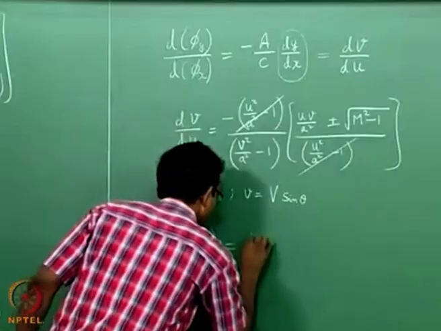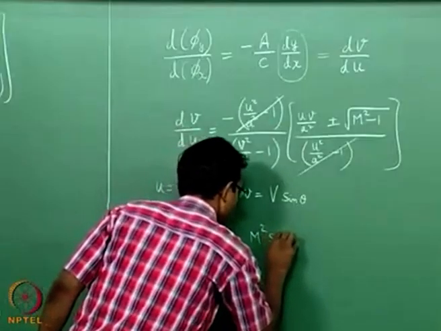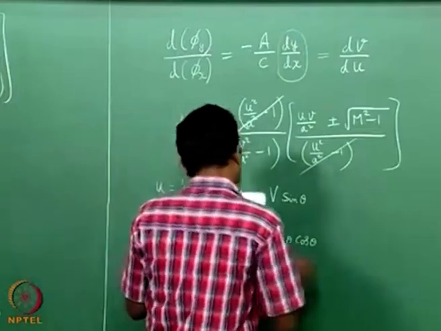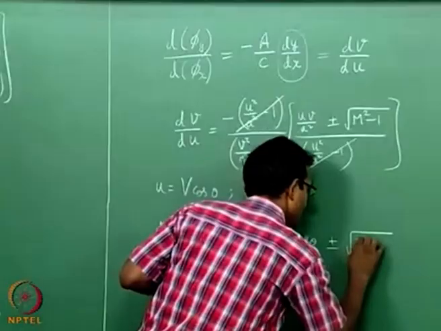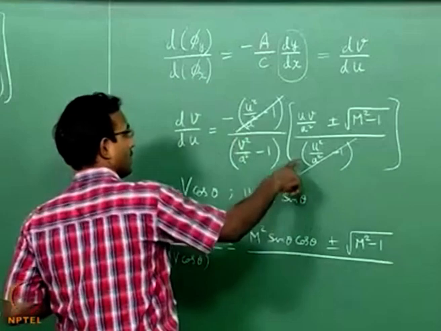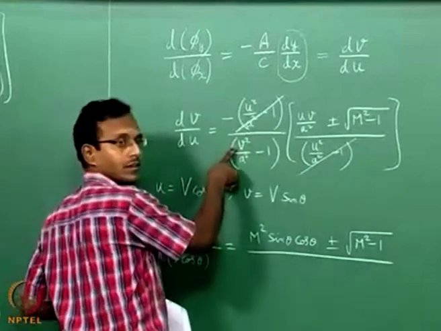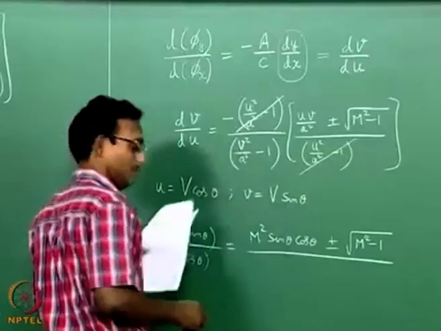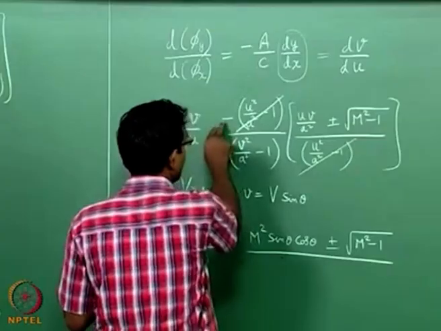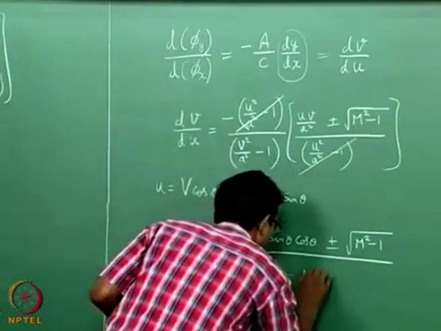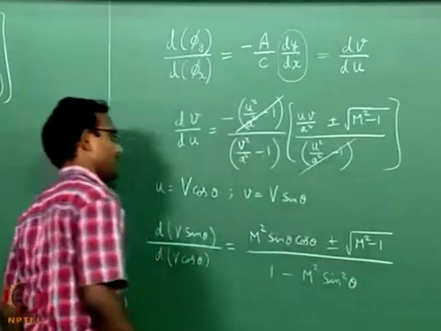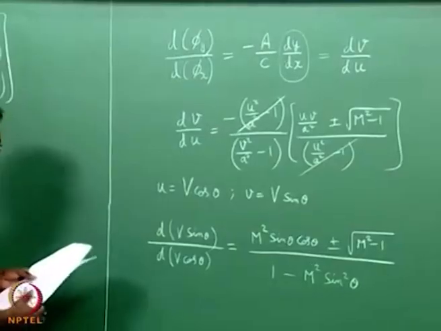So I will write that whole thing together, it will be m square sin theta cos theta plus minus square root of m square minus 1, divided by, I have m square sin square theta minus 1, and there is a minus sign here, so I will put that inside here, it will become 1 minus m square sin square theta. I got it to this form.